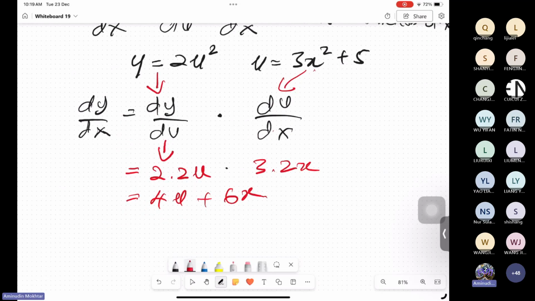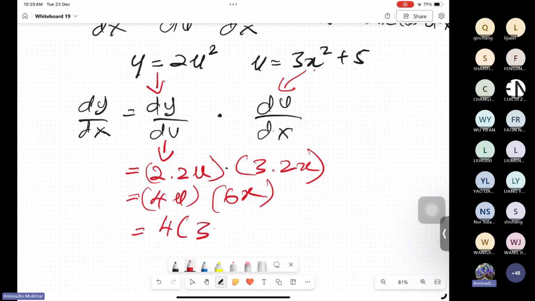For u, this is 4u times 6x. What is 4u times 6x? Okay, so what is u? 4u equals 3x squared.